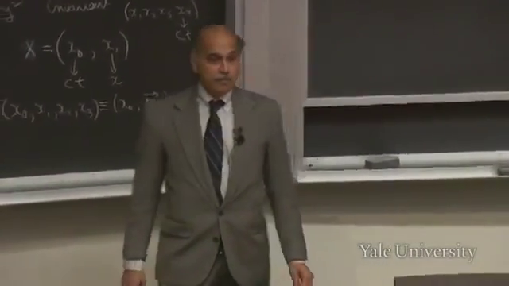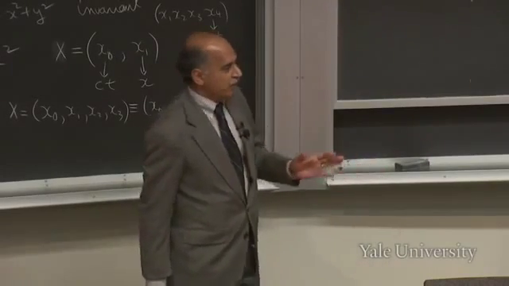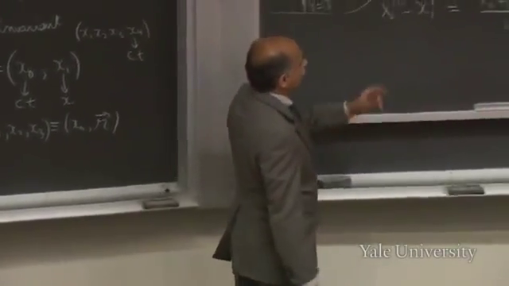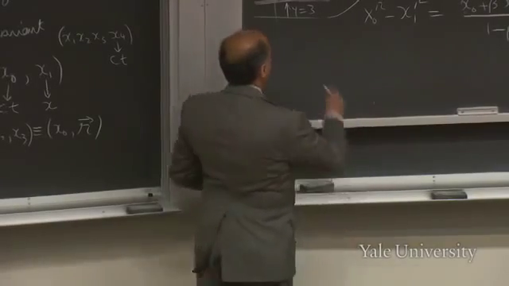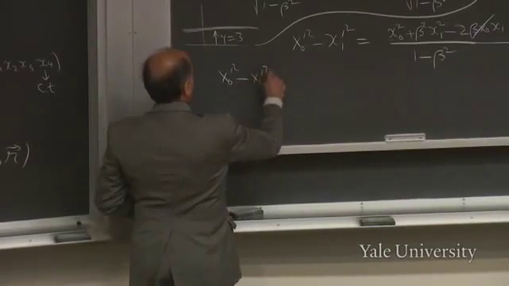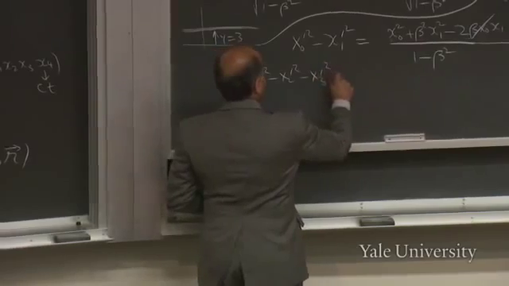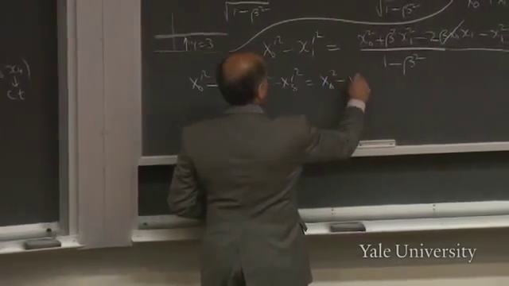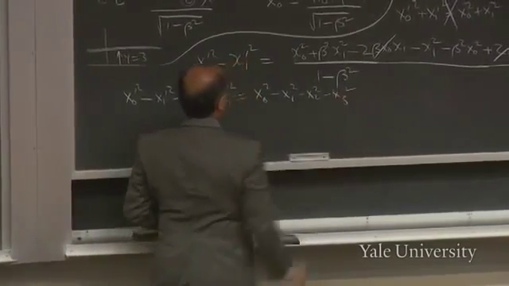So even though time is like another coordinate that mixes with space, it's not quite the same. In other words, if I brought back all the transverse coordinates, then you will find x naught prime square minus x1 prime square minus x2 prime square minus x3 prime square is x naught square minus x1 square minus x2 square minus x3 square.